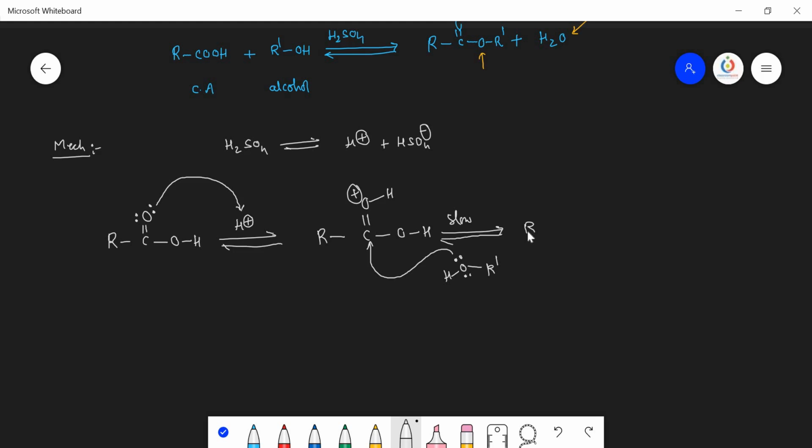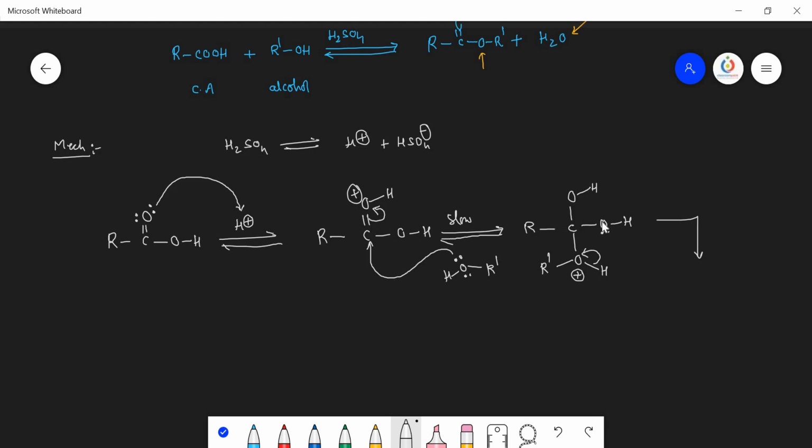So now, when it attacks, these pi electrons will shift over there. Hydrogen, oxygen, R dash, hydrogen, O, H. So see carefully, this is with a positive charge now. So this oxygen will withdraw the electrons from the oxygen hydrogen bond, then the H plus ion has to come out.